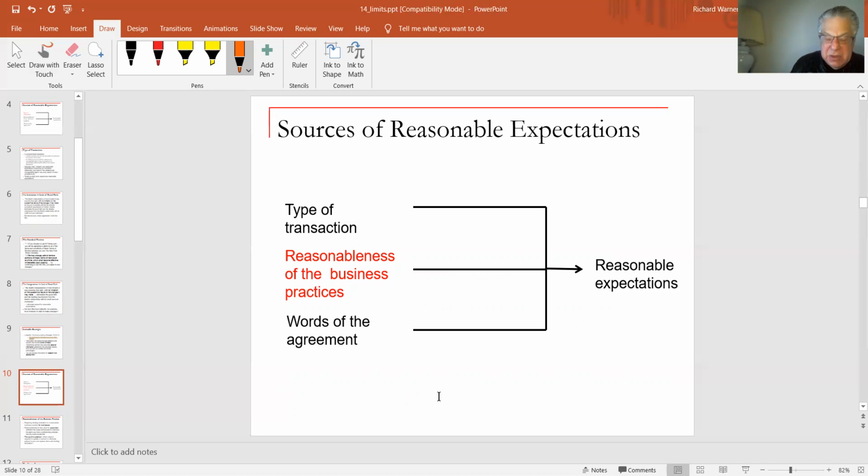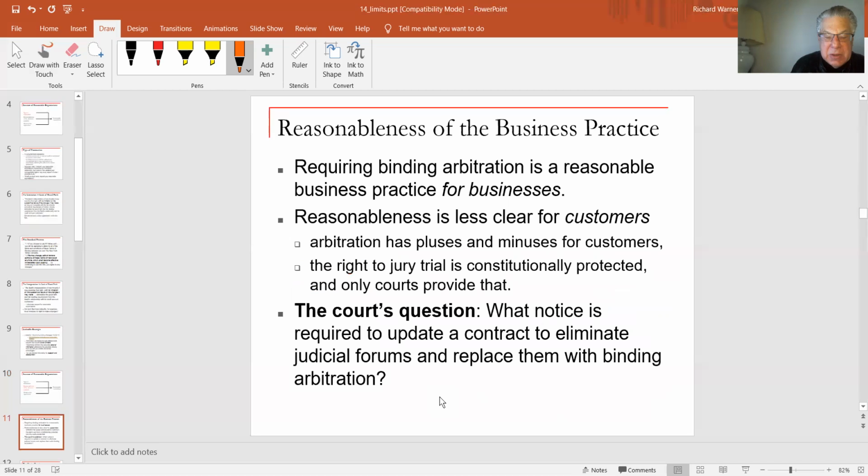What about the reasonableness of the business practice? Now, think back to our Stephen case, the poor man that died in the plane crash and the insurance company doesn't want to pay off on the life insurance. The court couldn't figure out why the business practice was reasonable.